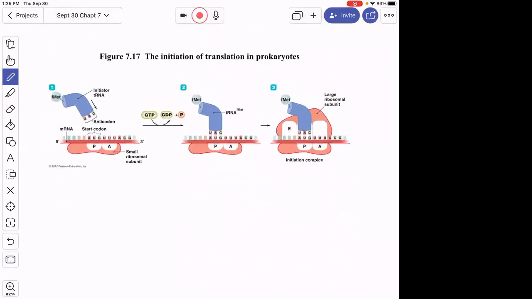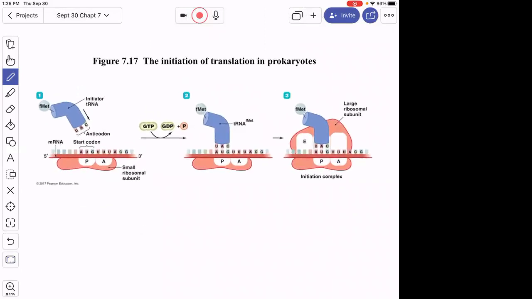All right, so let's start with the graphics that they give you in your book about how translation is initiated. Remember, this is the way your book writes the tRNA, kind of a little hooked structure there.